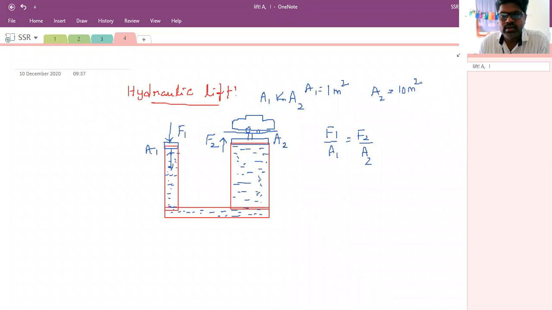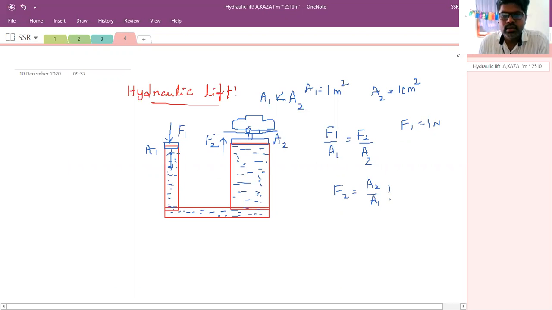If F1 is equal to 1 Newton, then F2 is equal to A2 by A1 into F1, that is 10 by 1 into 1, that is 10 Newton. That means if you apply 1 Newton on this side, then on this side it will come as 10 Newton. This is the application.